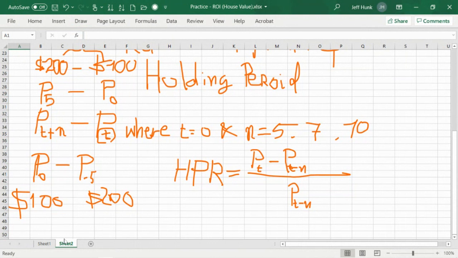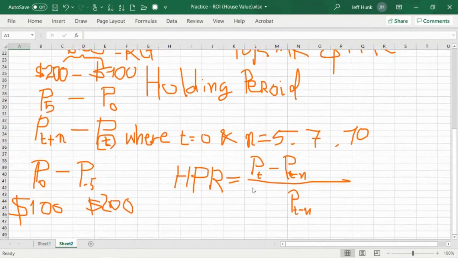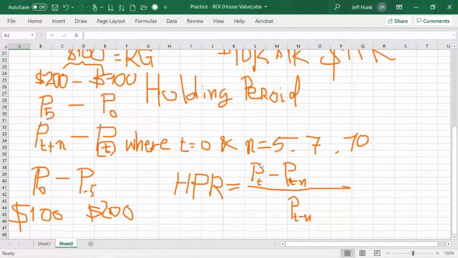Suppose it was $200 5 years ago. You paid $200 to buy Amazon, and today, 5 years later, Amazon is 100. Then is there a capital gain? No, it's a loss. There's a capital loss.